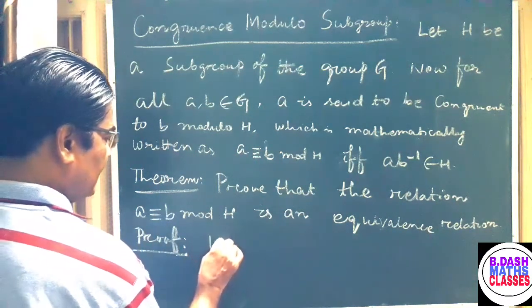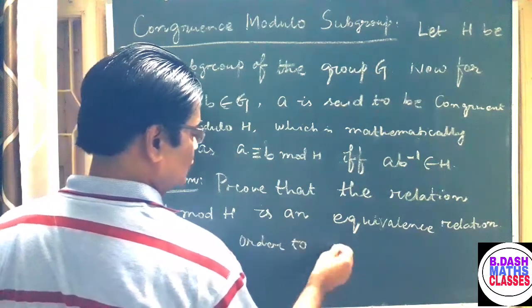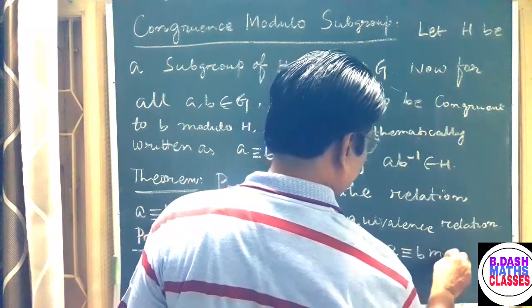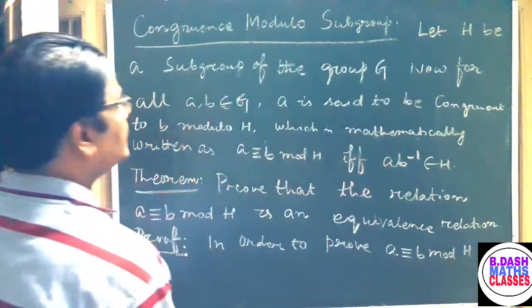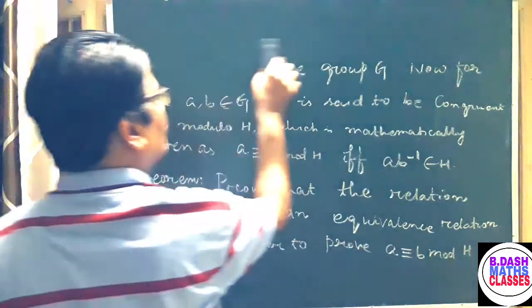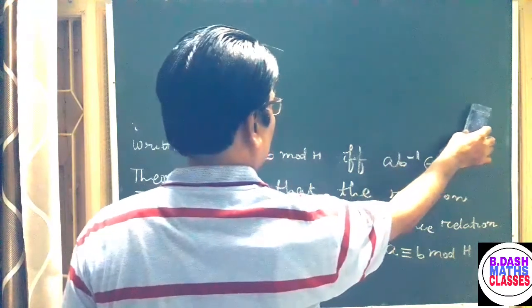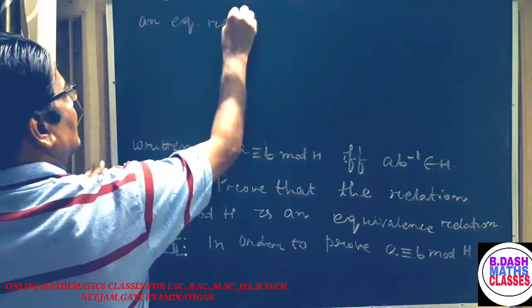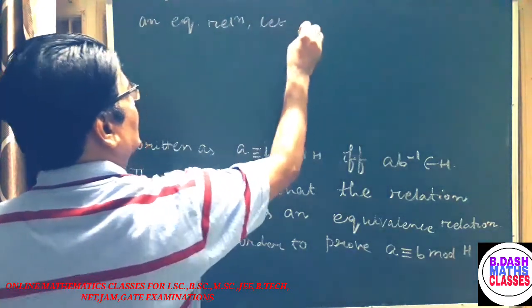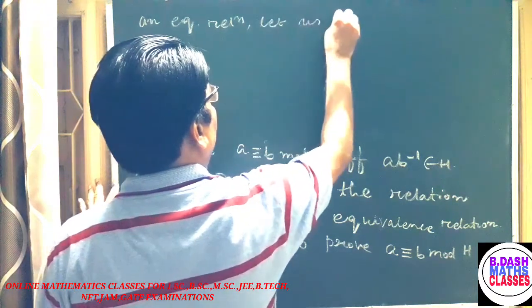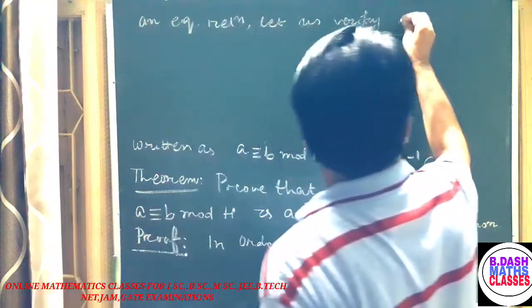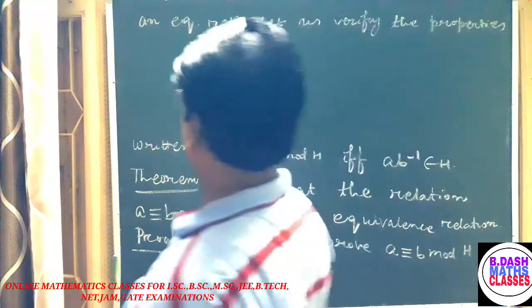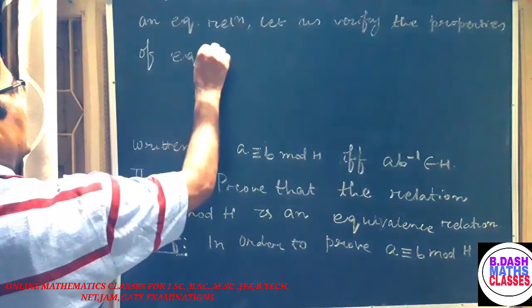First we can write, in order to prove a congruent to b mod H is an equivalence relation, let us verify the properties of an equivalence relation.